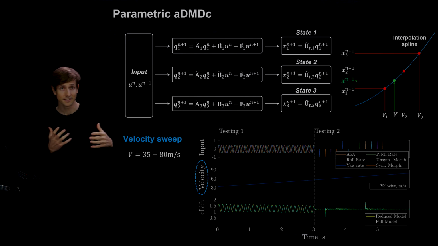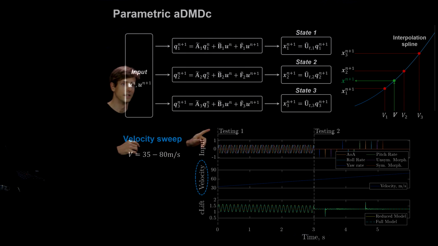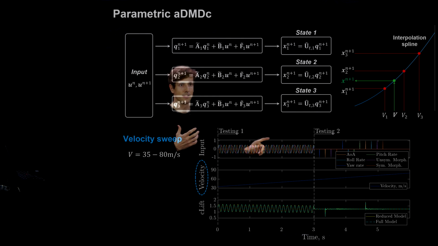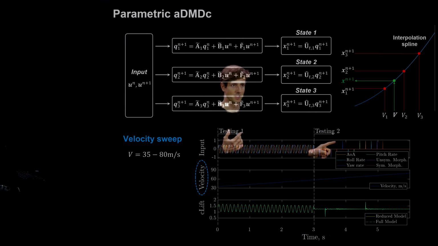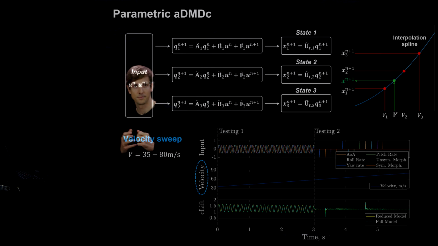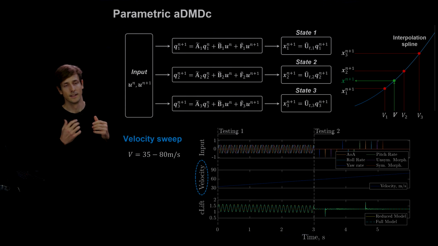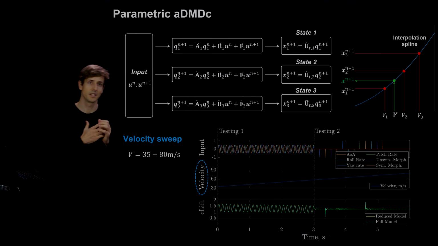We then also test this approach using a similar set of inputs. So first different sinusoidal inputs with different reduced frequencies, and then the impulsive inputs in a second testing phase. But compared to the plot that I showed before, additionally here we sweep over a velocity range.